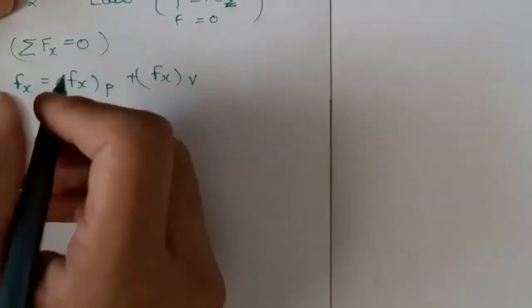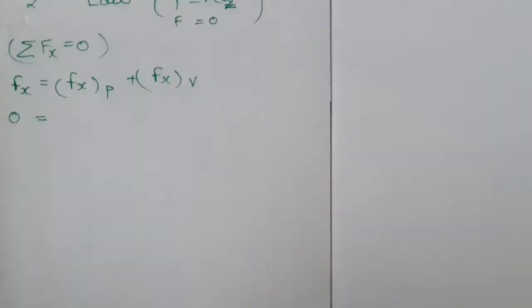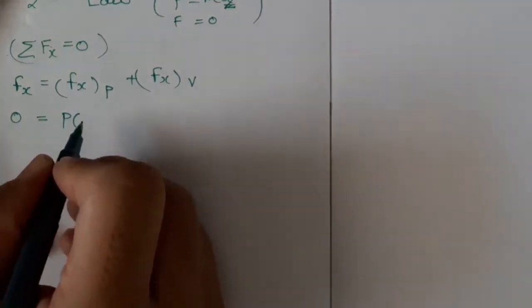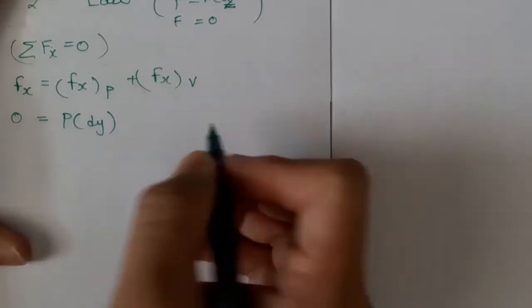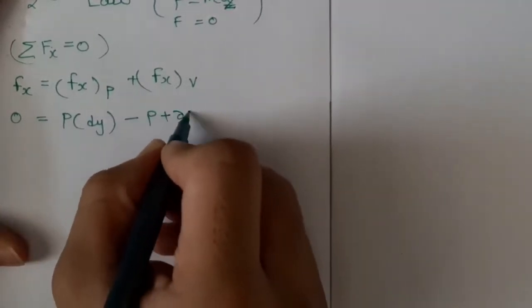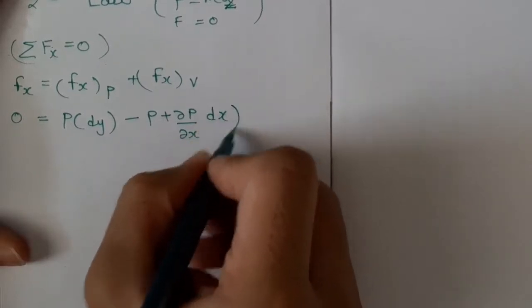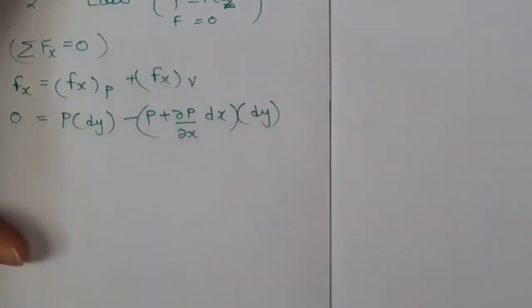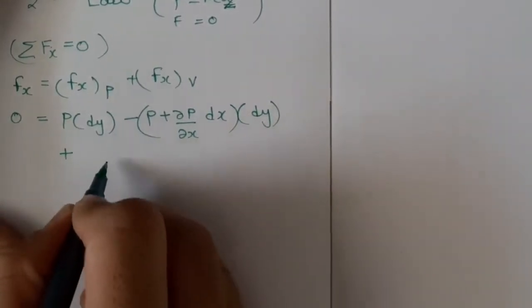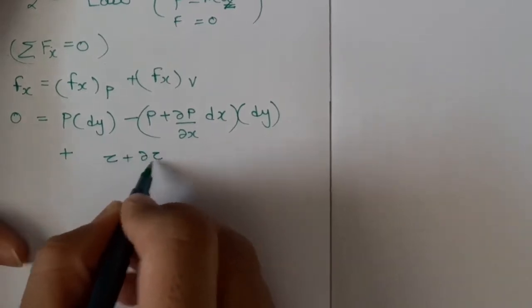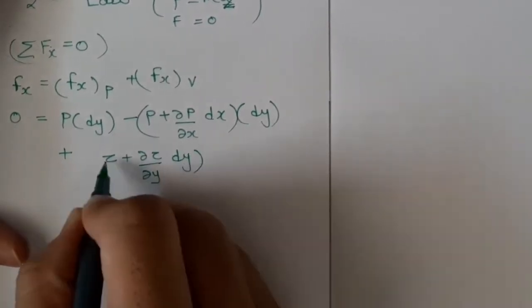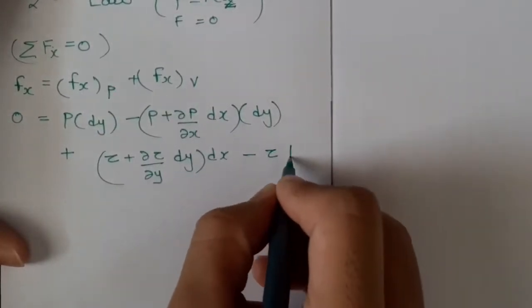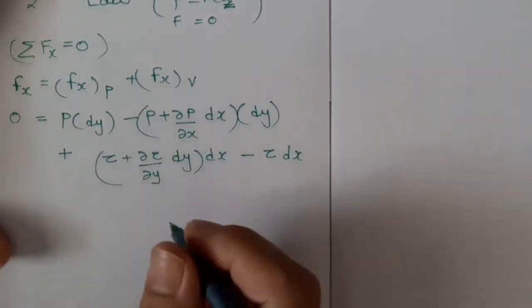As this summation Fx is taken as 0, we can write 0 equals the pressure force, that is P into dy in the direction of the flow, minus (P + ∂P/∂x dx) into dy in the opposite direction of the flow, plus the shear stress (τ + ∂τ/∂y dy) into dx in the positive direction of the flow, minus τ into dx in the negative direction of the flow.